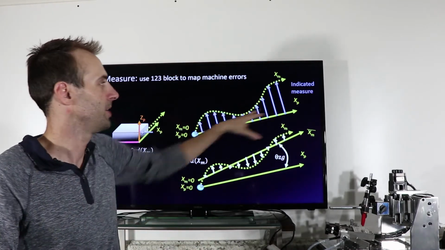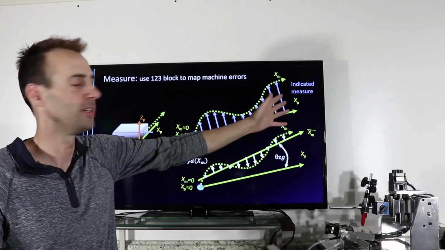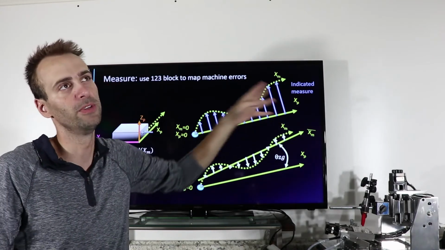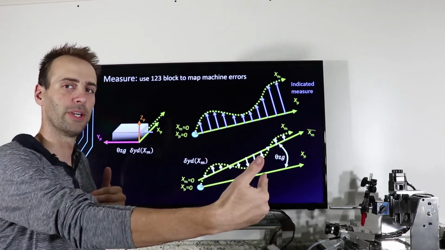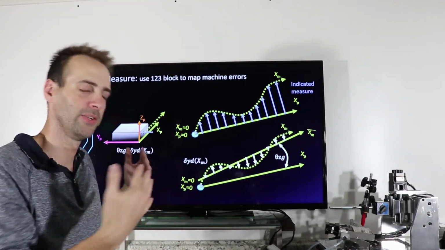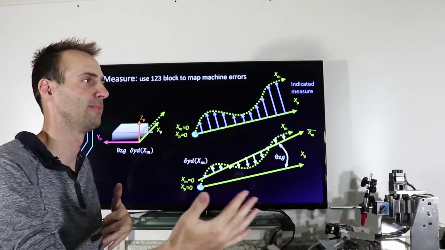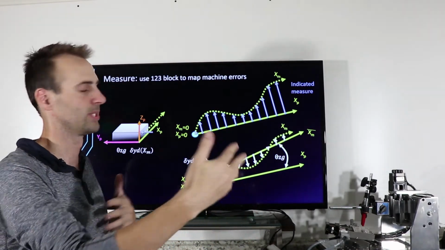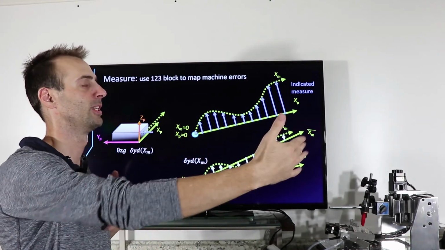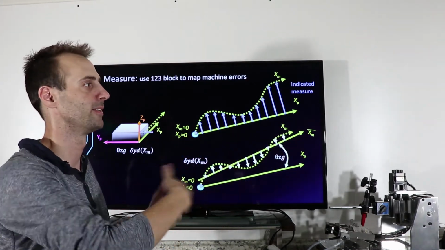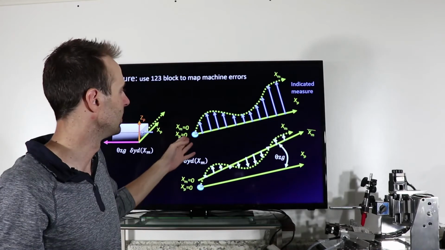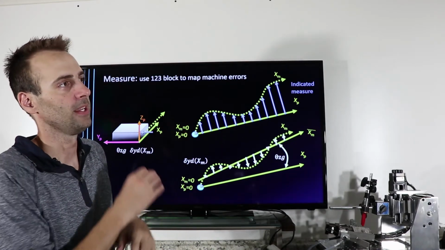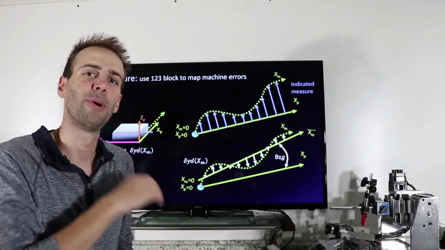Okay, so when you have your 10 measurements, you move the machine along, and you say, okay, I moved a total of 3 inches. You can't do that with the 1, 2, 3 block, but let's just make it simple. I moved a total of 3 inches. What's that, 75 millimeters? And then I divide that into 10. Then you chart that in Excel, and I pull an average line.